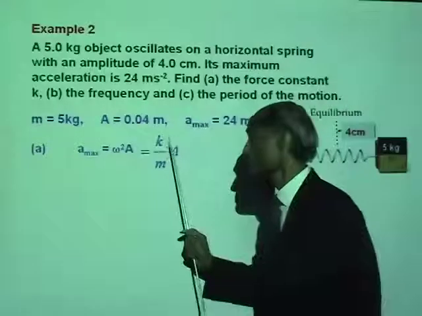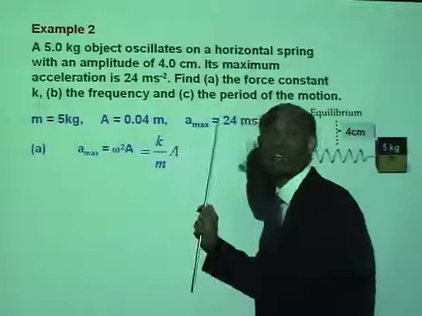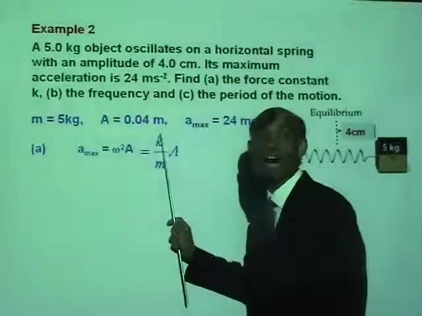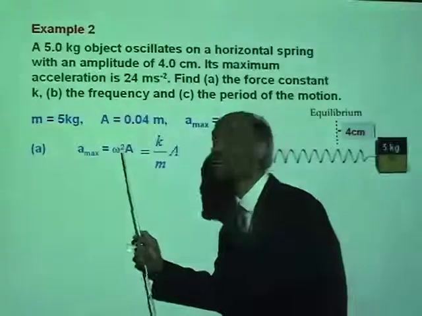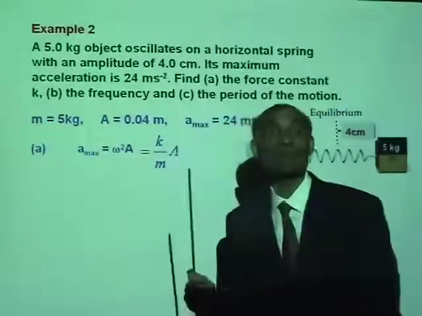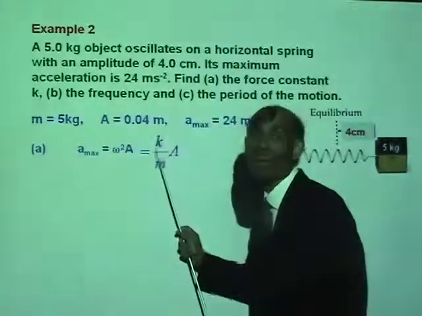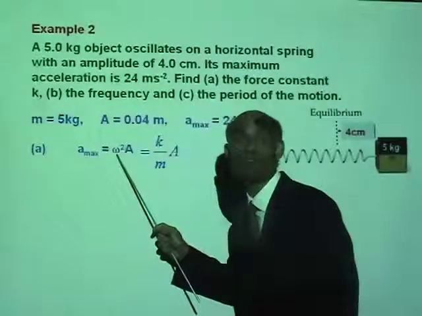You can see here I have used, in place of omega squared, K over M. Isn't it the same thing? Omega is square root of K over M. Omega squared is K over M. Why have I done that rather than finding the value of omega?